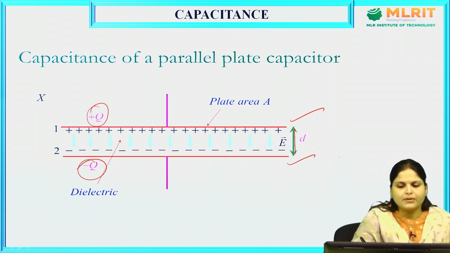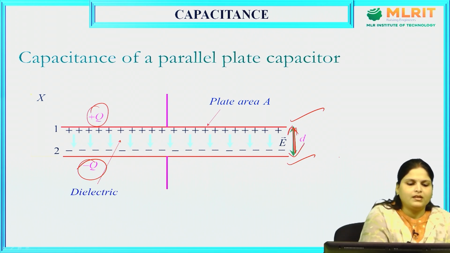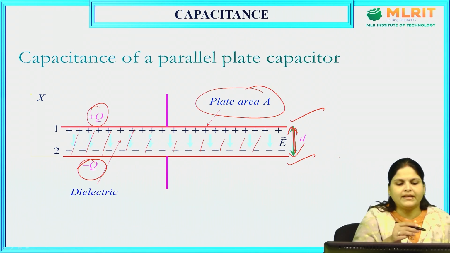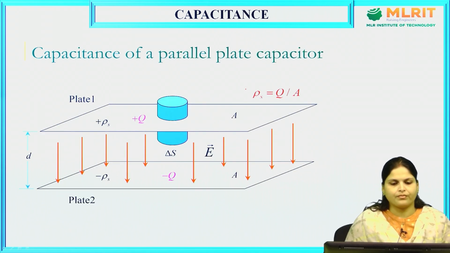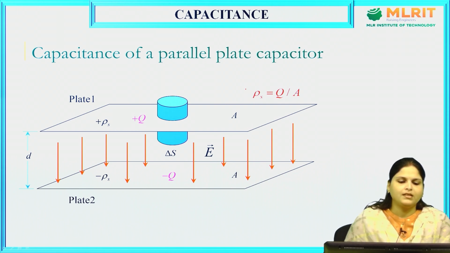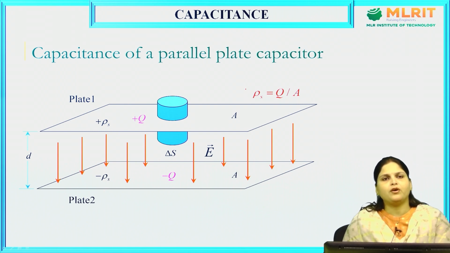The distance between these two plates is d, and some dielectric is filled between these two parallel plates. Also, we are considering the plate area to be A. To solve this problem, we will consider a small pillbox kind of structure and see how we can develop the formula for the capacitor.